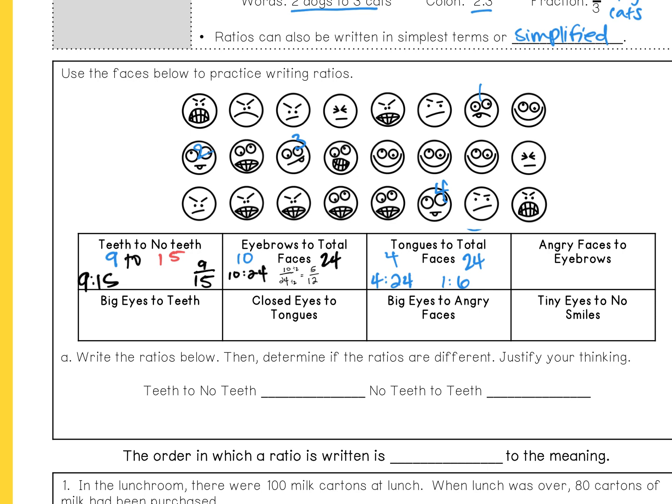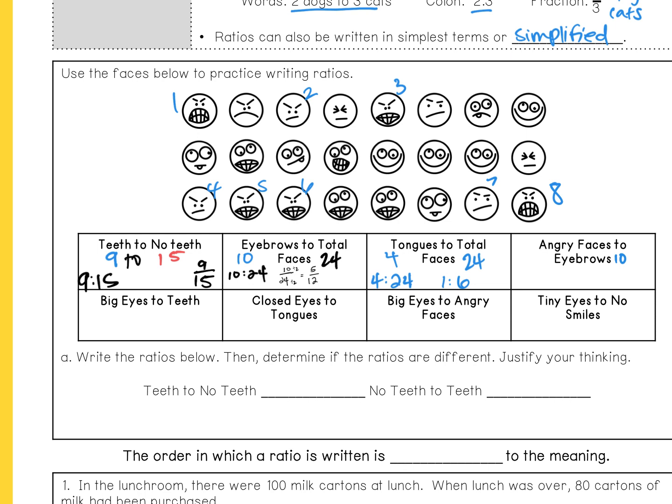Now I'm going to do angry faces to eyebrows. We already know that there were 10 faces with eyebrows from the second problem. Now I'm going to count my angry faces. 1, 2, 3, 4, 5, 6, 7, and 8. There are 8 angry faces here.